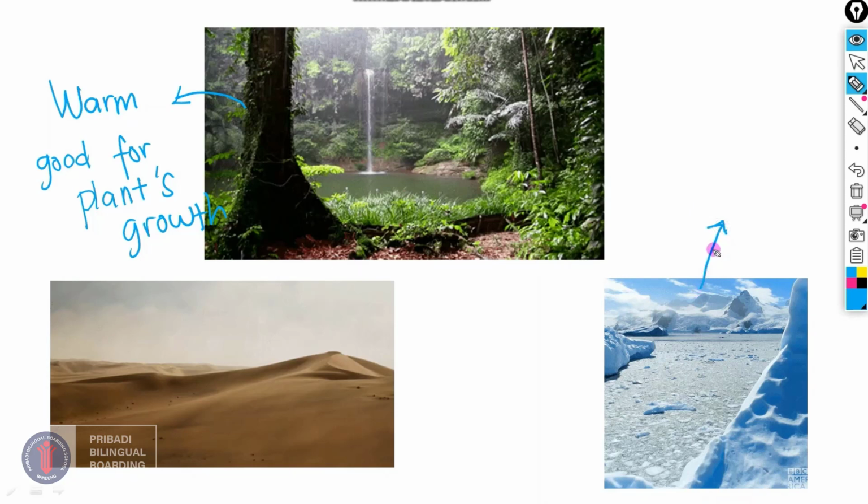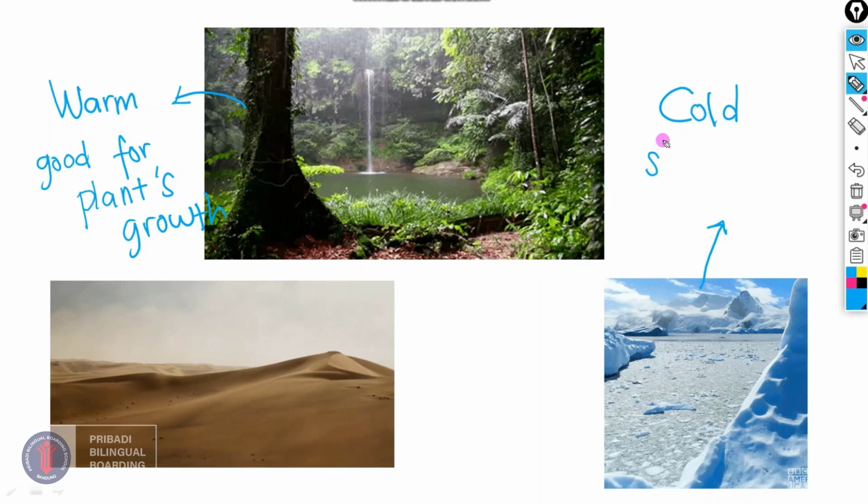So in, let's say, Antarctica, the condition is very cold. Yeah, when it is cold, will there be any plant able to grow there? Yeah, mostly not. There are no plants that can survive in such an extreme condition. But during winter, most of the plants, when it is cold, will slow down their growth rate.